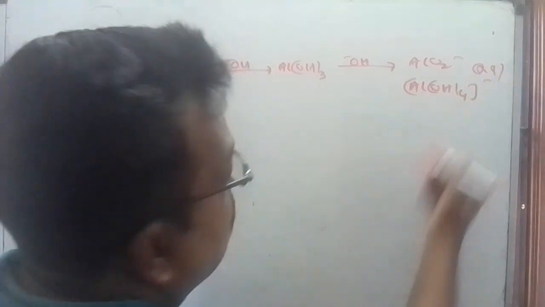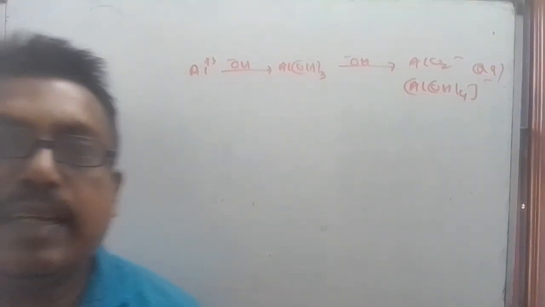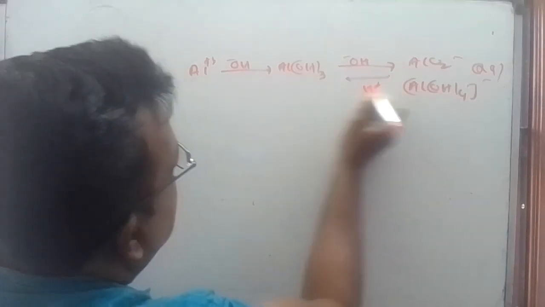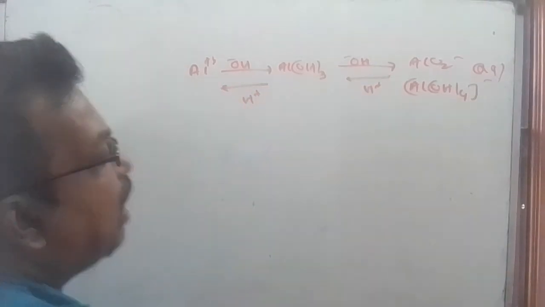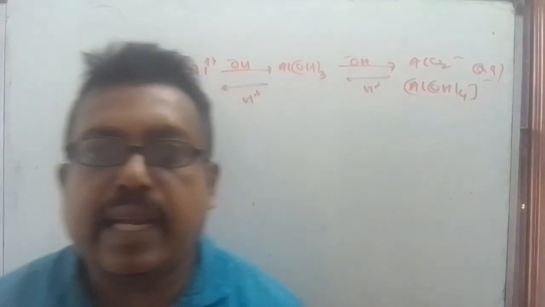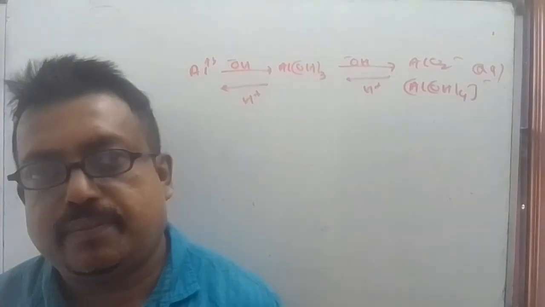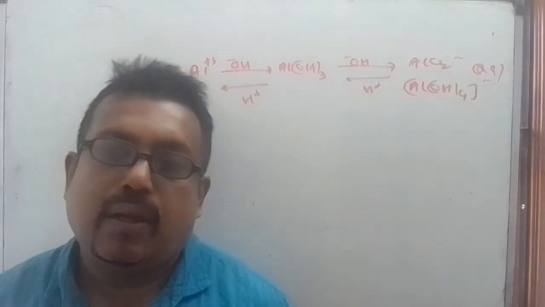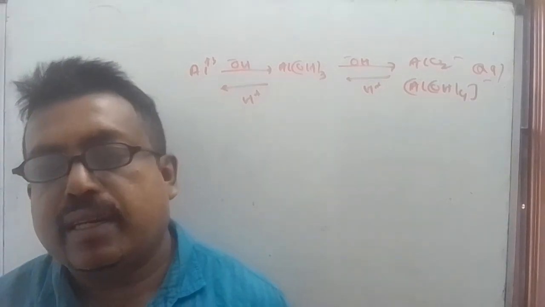These are aqueous solutions. That's why they dissolve. Upon the addition of H+, these observations are reversed. Understand? So this should be an amphoteric cation.